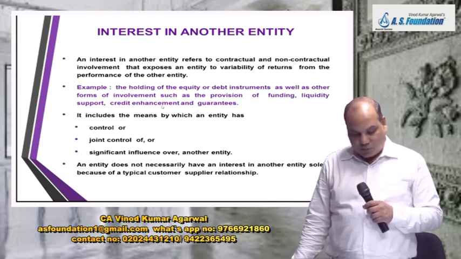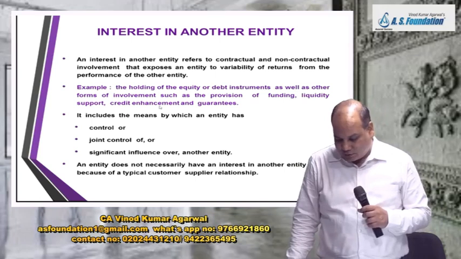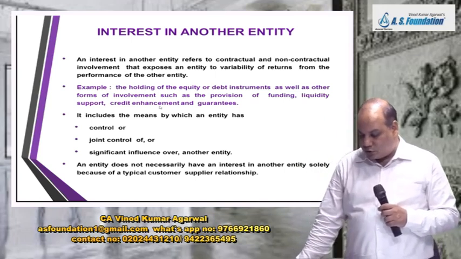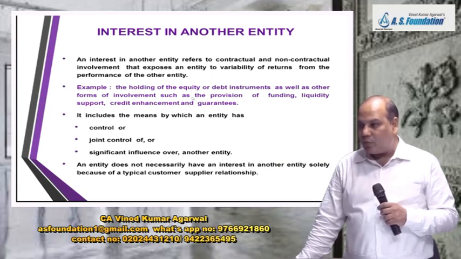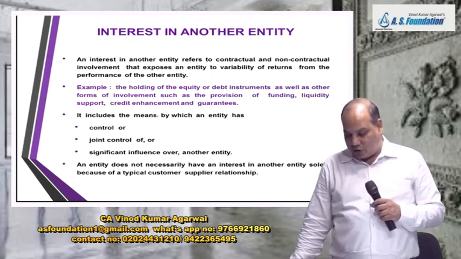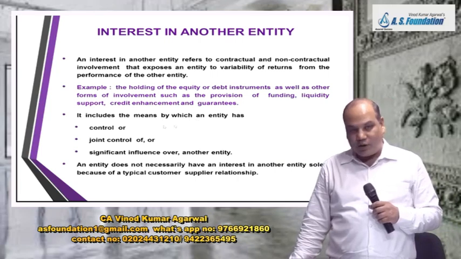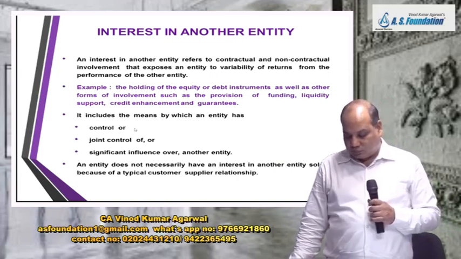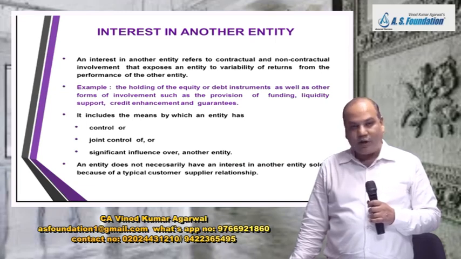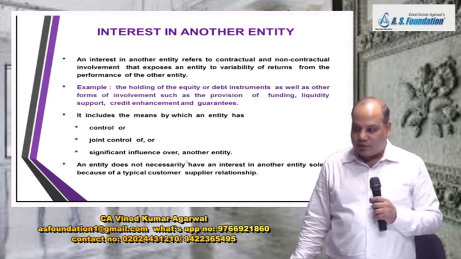That is, you take the responsibility of any kind of risk, credit risk. So this is also going to expose you to variable return, and therefore it will be called interest in other entities. It includes the means by which an entity controls, jointly controls or has significant influence over the other entity.